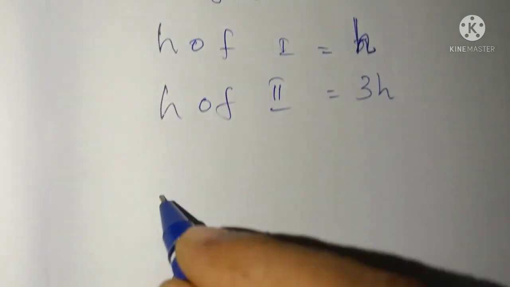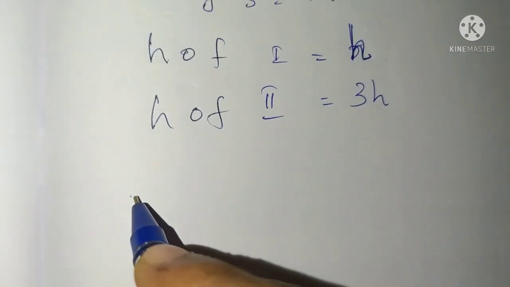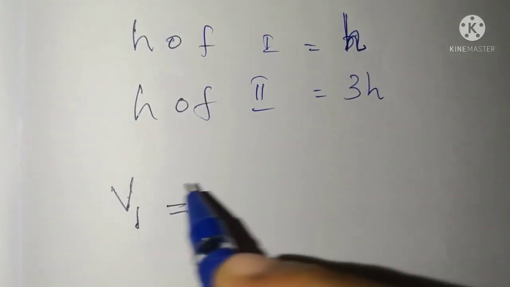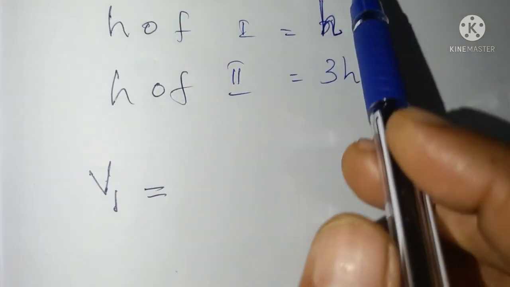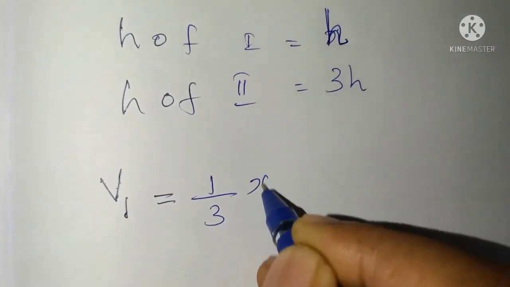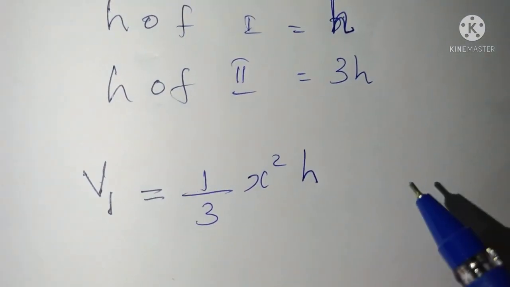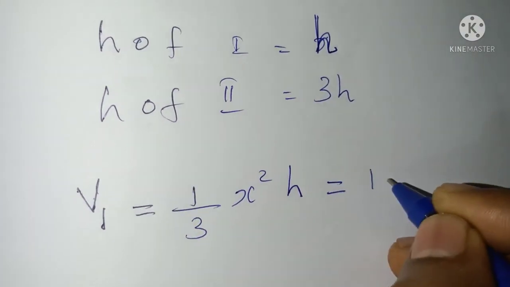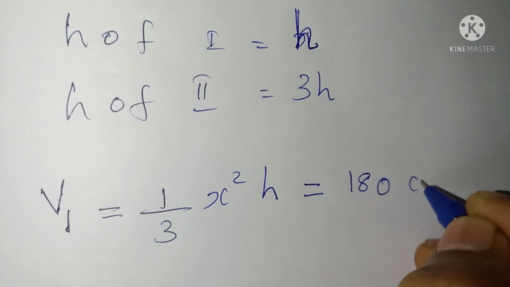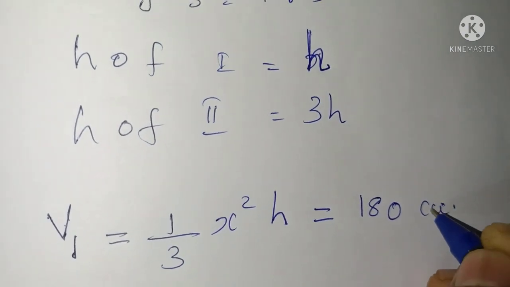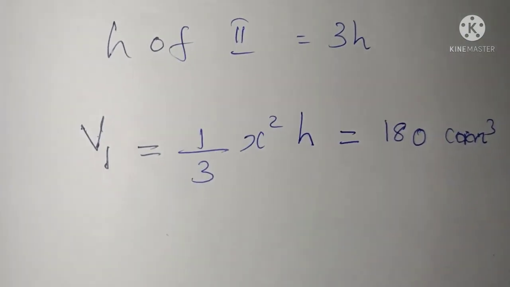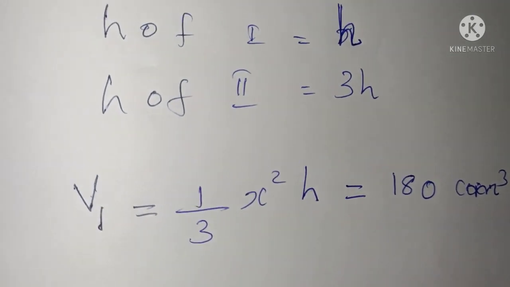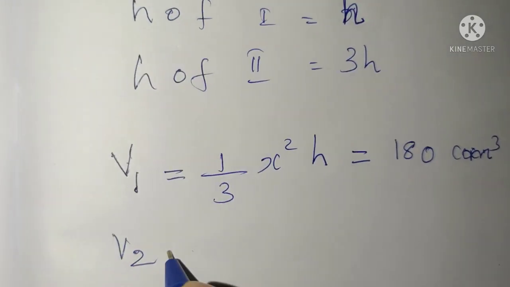Then what will be the volume of the first one? We take it as V1. V1 is equal to 1 by 3 x square h, and the volume of the first one is 180 cubic centimeter. That is, 1 by 3 x square h is equal to 180 cubic centimeter. Then what will be the volume of the second?